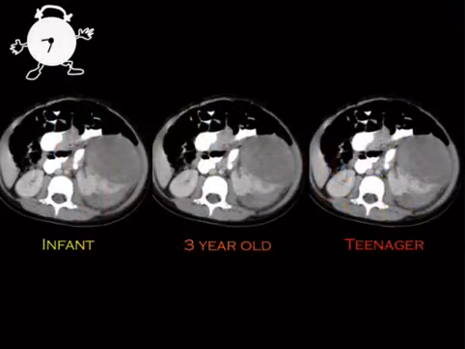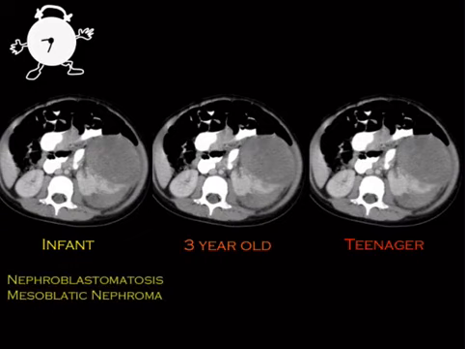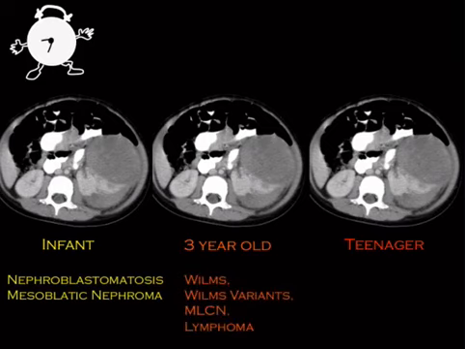So it's a timing issue, right? Same case, a solid tumor in the kidney in an infant, in a 3-year-old, and in a teenager. In an infant, it's going to be either mesoblastic nephroma or nephroblastoma. In a 3-year-old, it's Wilms or a Wilms variant.